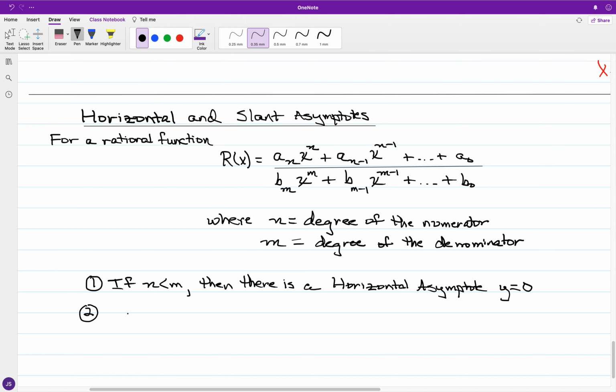Now, if the degrees are the same, if n is equal to m, there's going to be a horizontal asymptote, but it's not going to be reduced to 0.